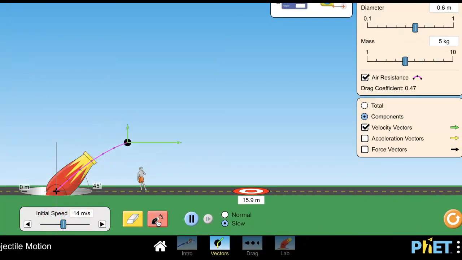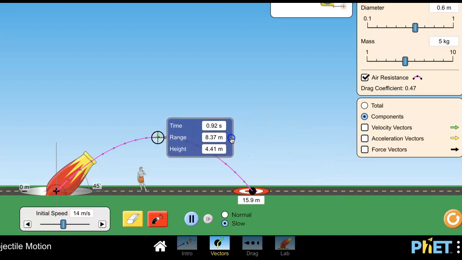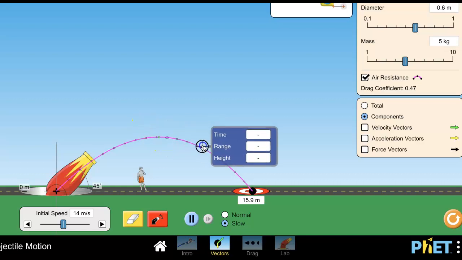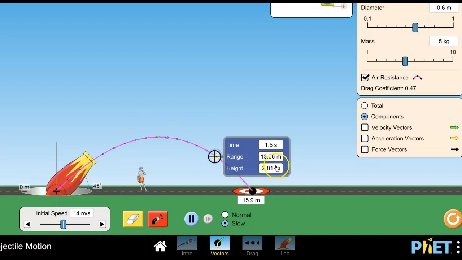If we project it, it shows us everything like the motion. Say for example I've taken this point, it shows the vertical height is 4.41 meters. If you change the position, you can see the height based on time taken as well.